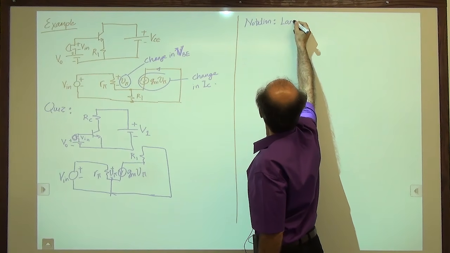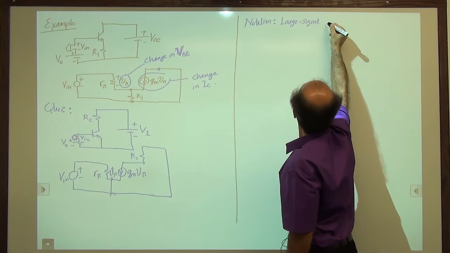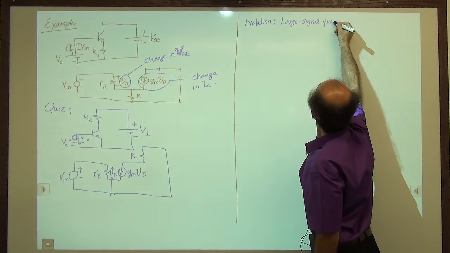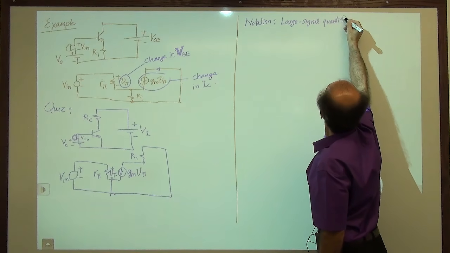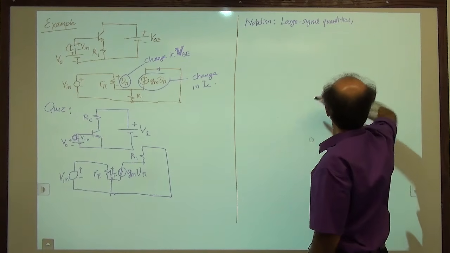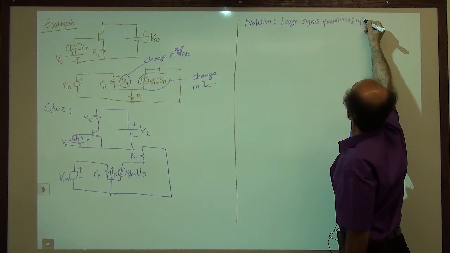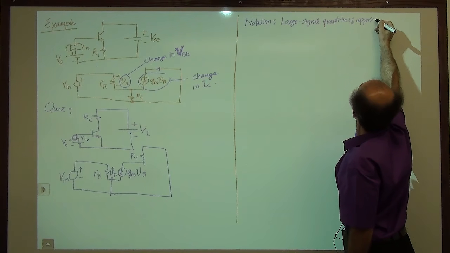So large signal quantities, including bias quantities, are represented by uppercase letters. Uppercase.